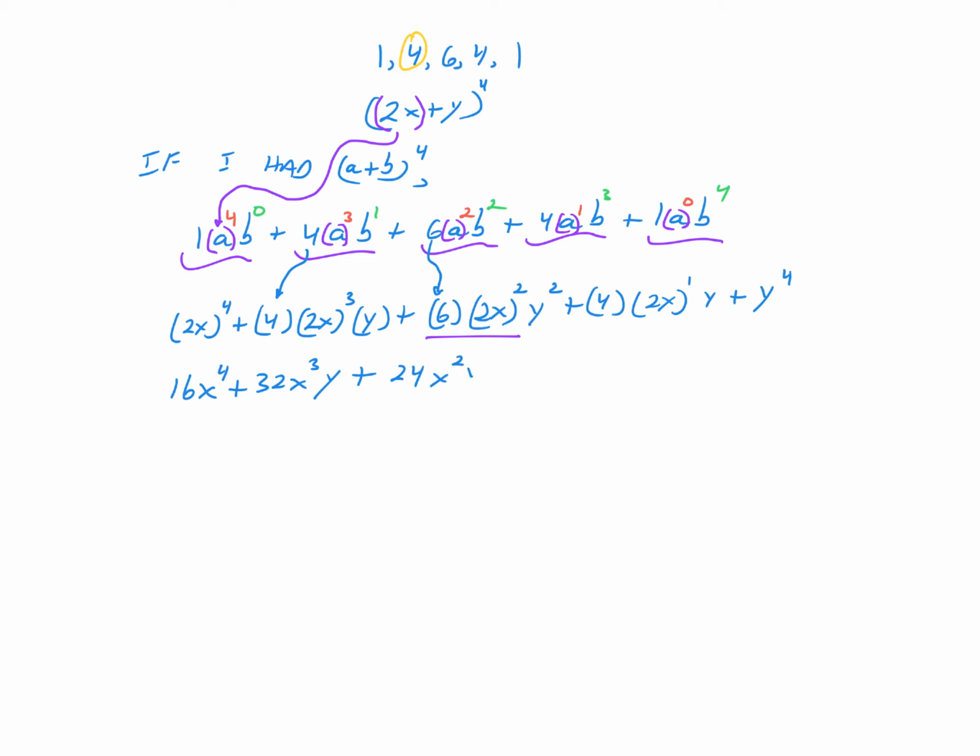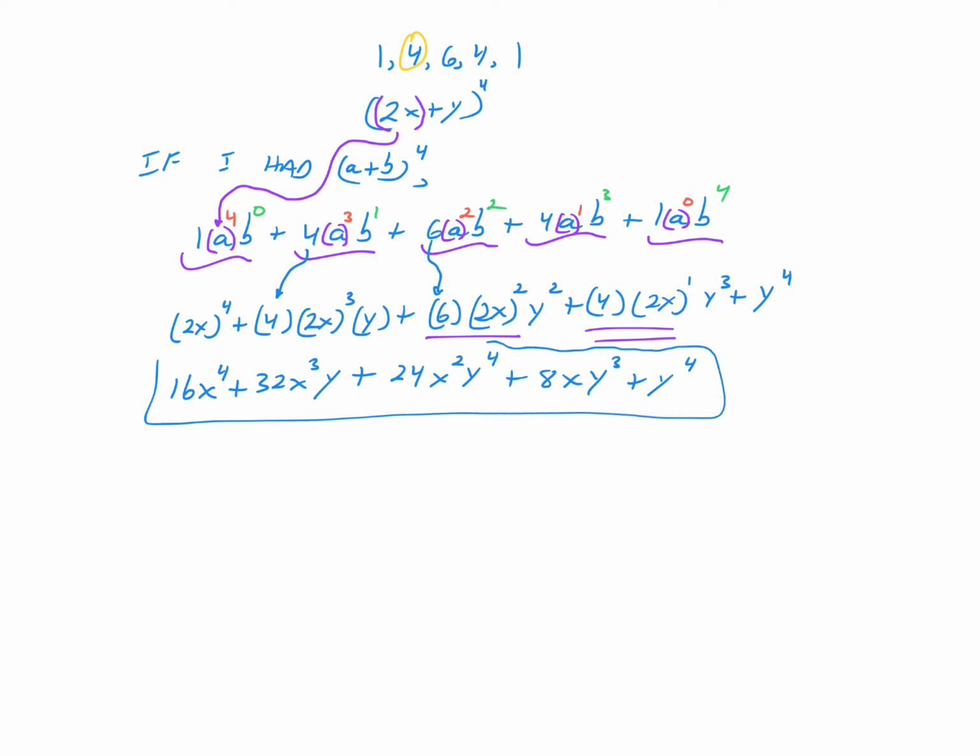I'm simply following order of operations. Plus, now I'm here. 2 to the first is 2. 2 times 4 is 8. So I have 8x, and I don't need x to the first. Y, oops, I forgot my cubed on that one. Y to the third. As I'm doing that, I see I forgot that. Let me double check that. Life is good. Plus y to the fourth. Got it? Boom, boom, boom.